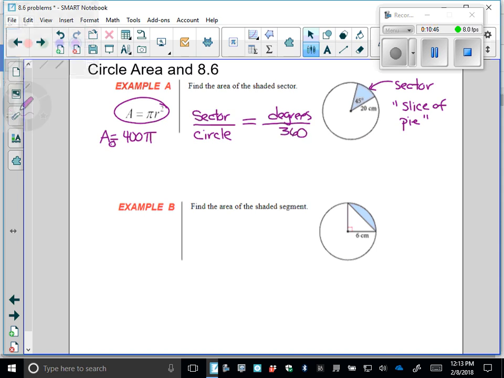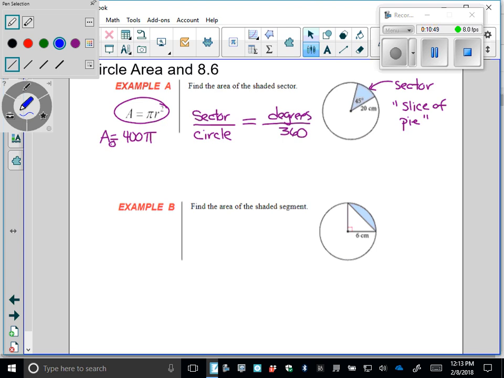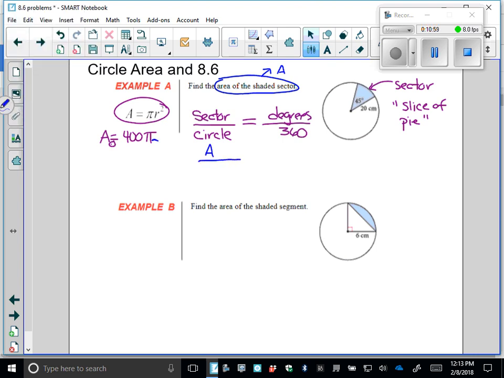So in looking at this problem, I'm trying to find the area of the shaded sector, so I'm going to call that A. A compares to the circle area, 400 pi, as the degrees, 45, compares to 360.